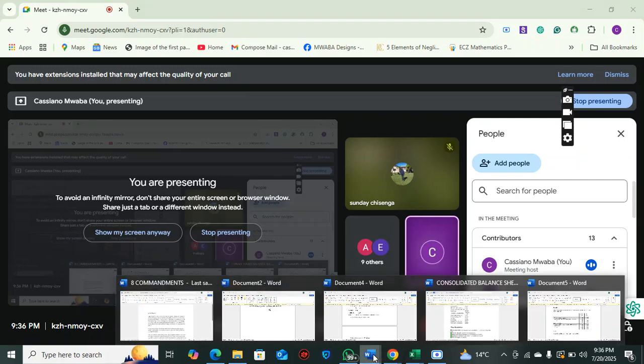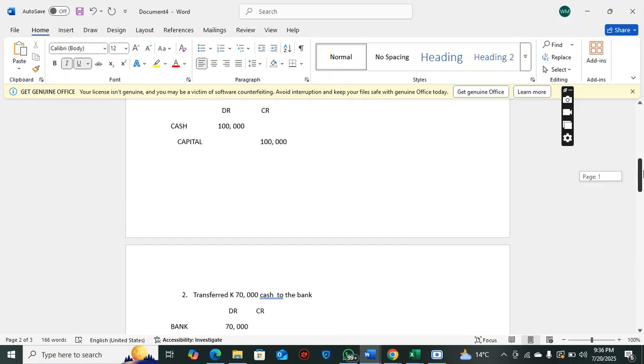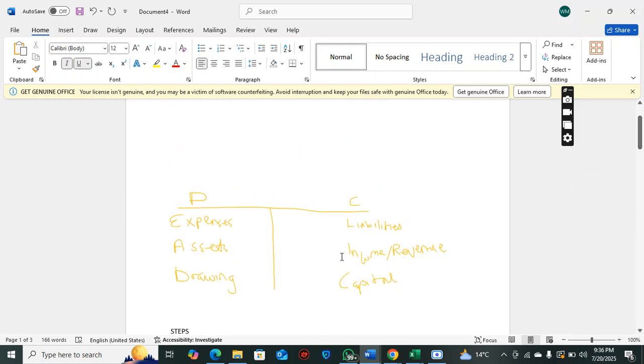So the two accounts that will be involved are return inwards, also called sales returns, which is a contra revenue account. Since this is a contra revenue account, remember, according to the double entry rules, revenue increases with credit. So a contra revenue will increase with debit.